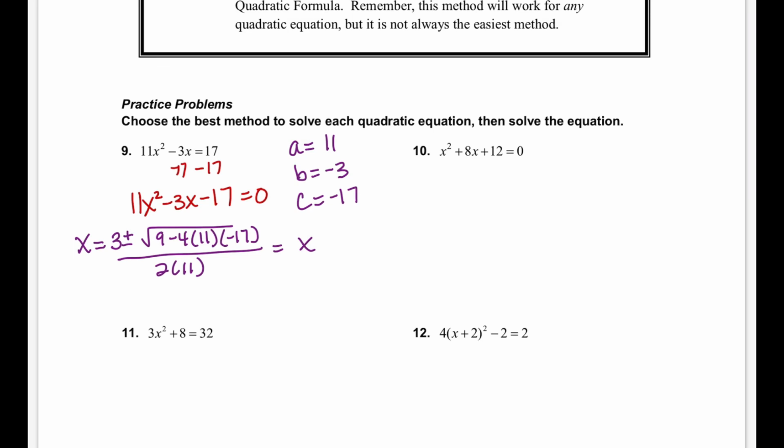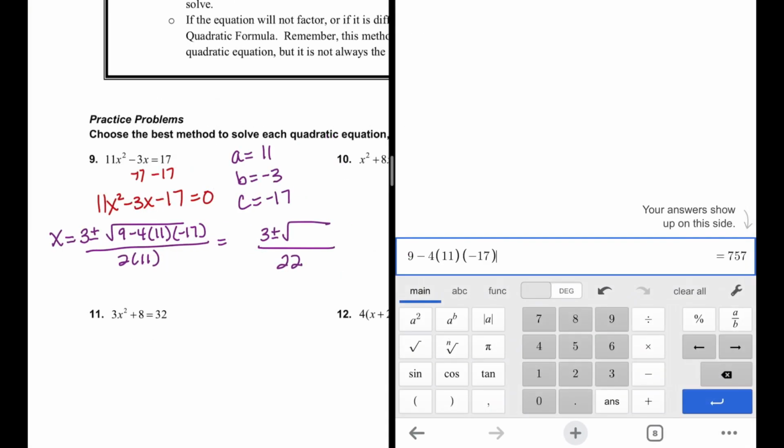Now I want to simplify under the square root as well as in the denominator. In the denominator, 2 times 11 is 22. I put the radicand into my calculator and I get 757 under the square root.